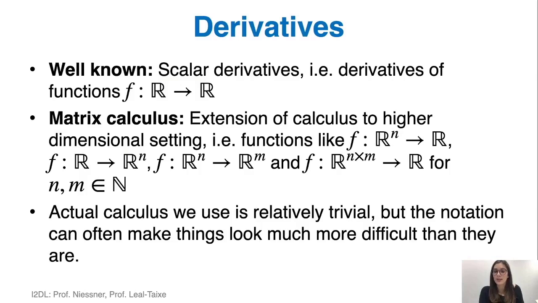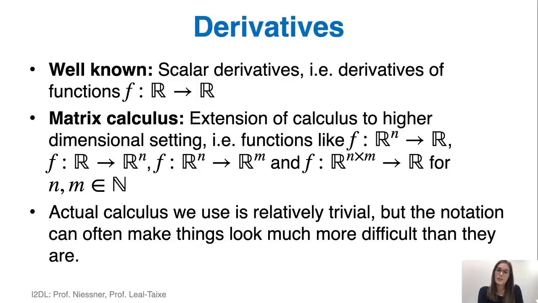Here we are going to look at functions, for example, from R^n to R, functions from R to R^n, also functions from R^n to R^m, which are even more complex, and lastly a function which starts with a matrix and has as output a value in R. So a function going from R^(n×m) to R. These are more complex functions, and we also want to have a look at how the derivative of these functions looks. So this is matrix calculus.